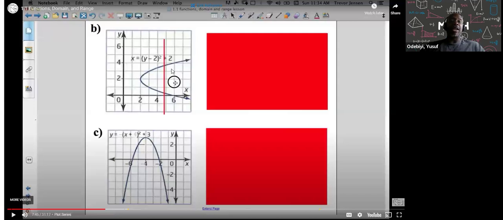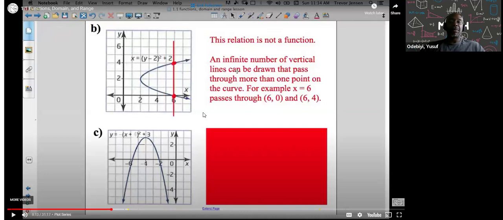I hit 2 points on this graph. My x has 2 points for y, a y value up there and a y value up here. Therefore, it's not a function. Over here with this graph, if I pass the vertical line through it, I'd only hit it at one spot, so it is a function. It hits it twice there.